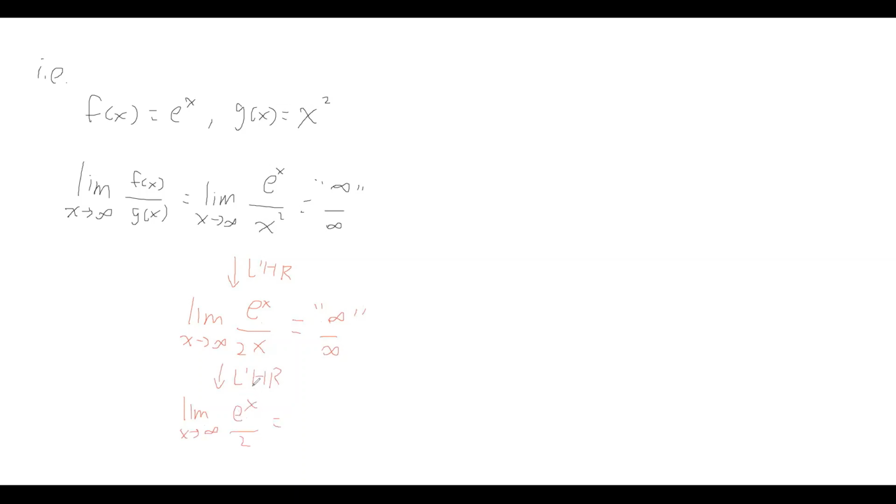By L'Hopital's rule again, we take the derivative of the numerator and denominator, and we get e to the x over 2. And when you take the limit as x approaches infinity, what does the limit go to? That's right, it goes to infinity. So by the first definition, we can say that f of x grows faster than g of x. Okay, so that's the idea.